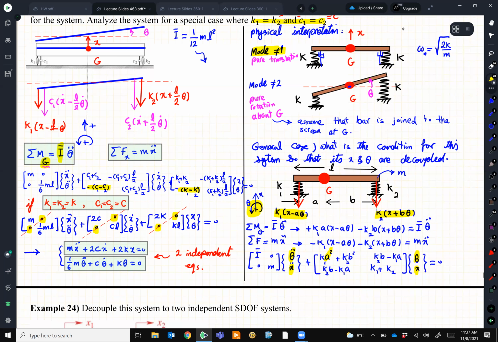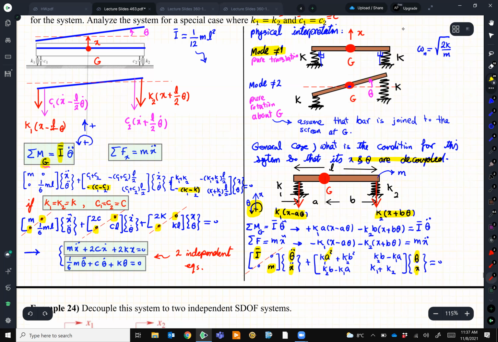So let's get to this one. The question asks, we want x and theta to be decoupled. And we know there are conditions for decoupling, right? So already my mass matrix is decoupled. The main diagonal, they are I bar and m.